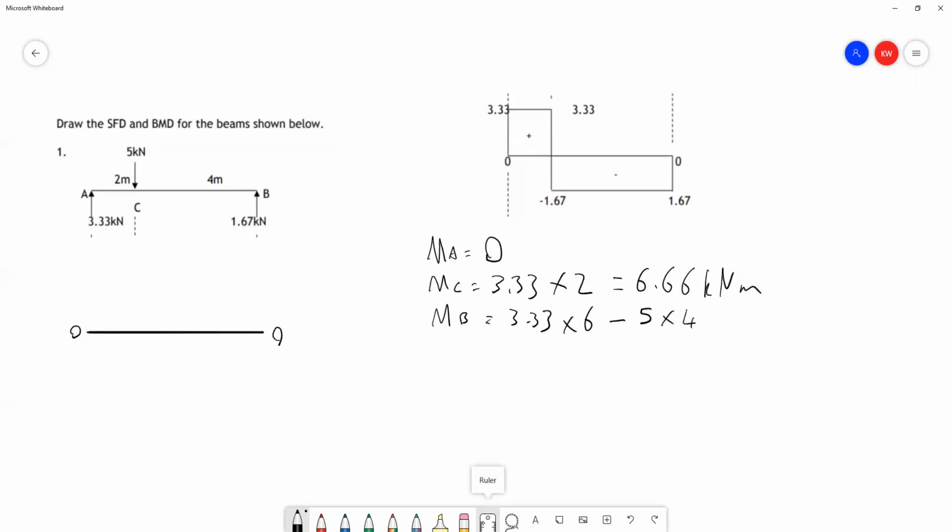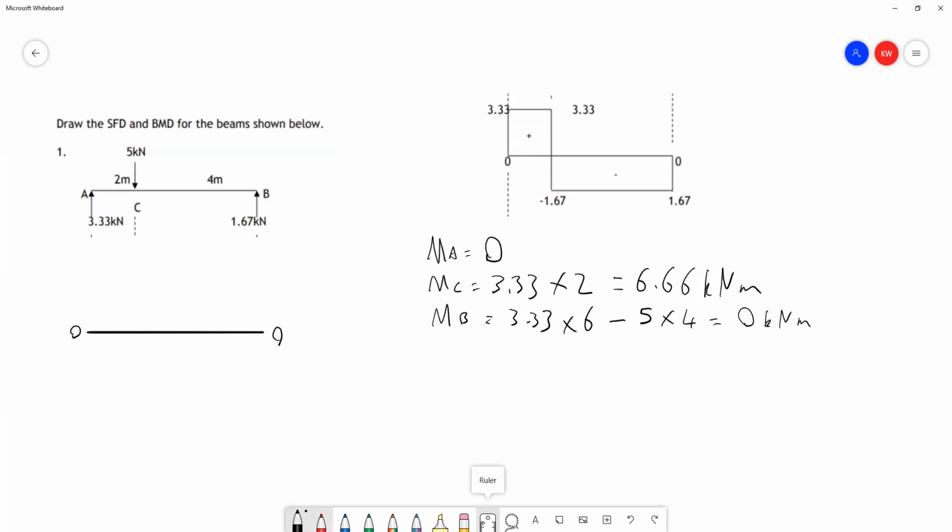Now, it won't work out as exactly 0 in your calculator, but with rounding, this is 0 kilonewton meters. And the reason for this is when we write 3.33, well, if you put in more and more threes, as would be the case here for 3 1/3, it would end up being exactly 20 when multiplied by 6, but we've done some rounding, so it's 0 here.